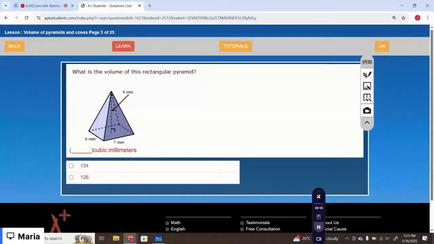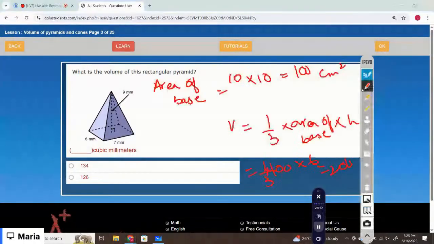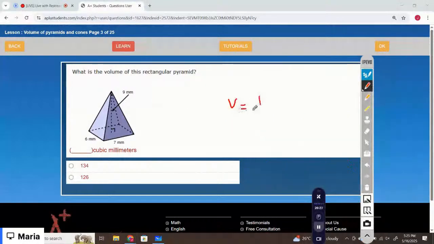We need to calculate the area of base. That is 7 times 6, which is 42. Then we need to do 1 by 3 times the area of base times the height. So the area of base is a rectangular shape, right?